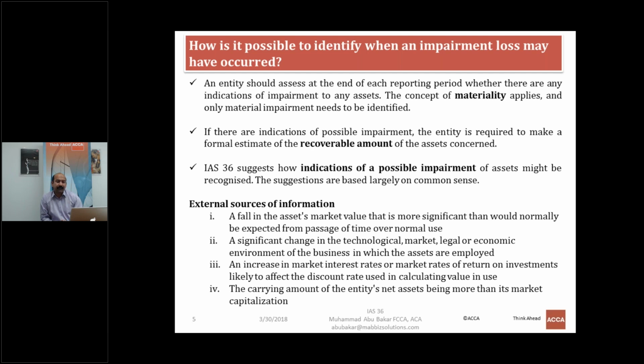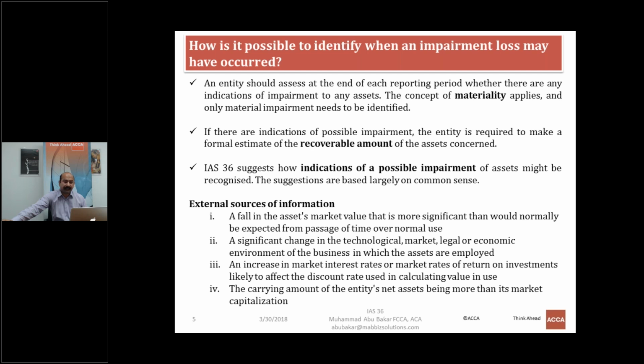An entity should assess at the end of each reporting period whether there are any indications of impairment to any assets. The concept of materiality applies, and only material impairment needs to be identified. If there are indications of possible impairment, the entity is required to make a formal estimate of the recoverable amount of the assets.